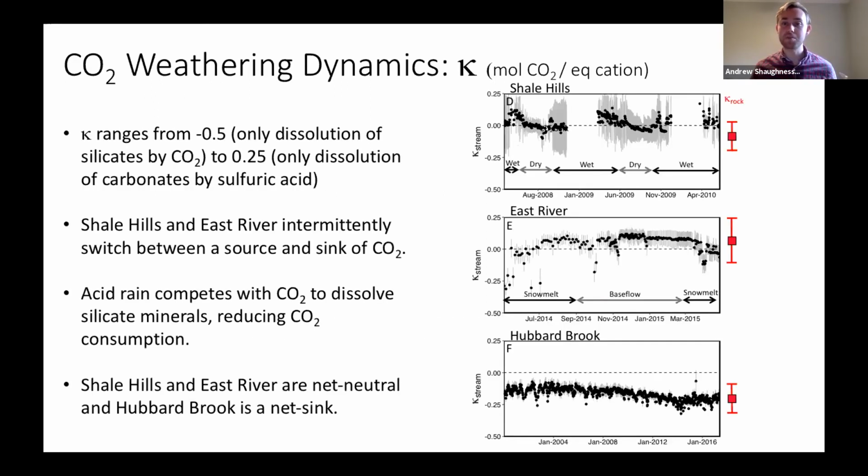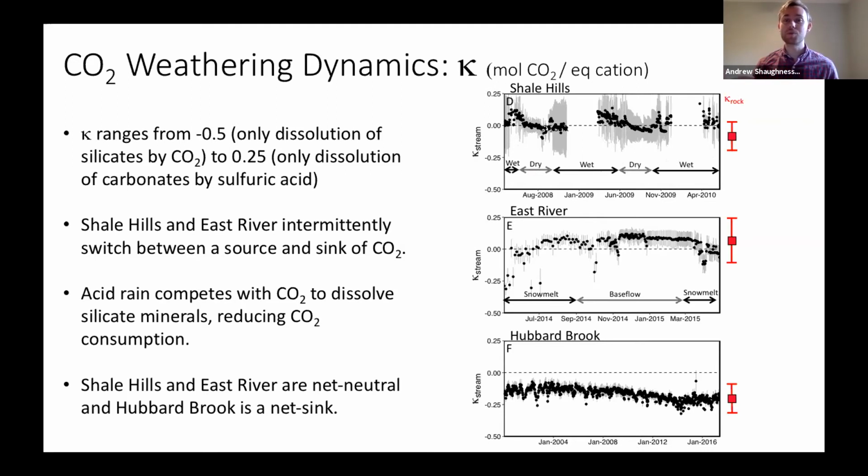But what we get then is we can plot these all up and think about how our systems work in terms of CO2 sources and sinks. I like to think of kappa, the CO2 sequestration capacity, as an efficiency term. The reason we like to use kappa instead of just straight fluxes is that you can compare the stream chemistry to the rock chemistry, because the range of kappa has to be between 0.25 and -0.5. Just for notation, when kappa is negative, we're sequestering CO2, and when kappa is positive, we're releasing CO2.